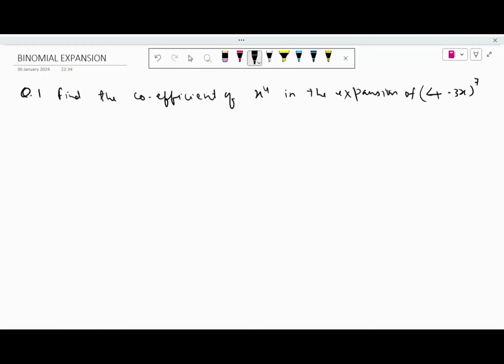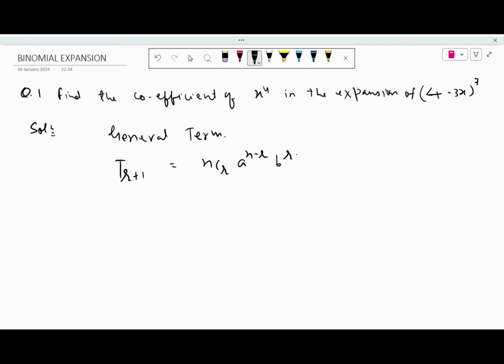So first we find the general term. The general term T(r+1) equals nCr a to the power n minus r, b to the power r.